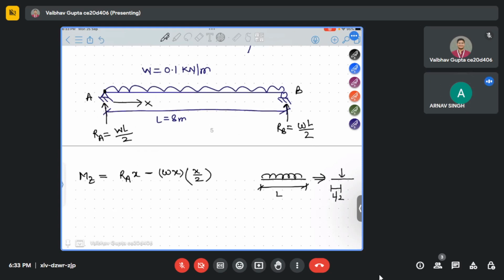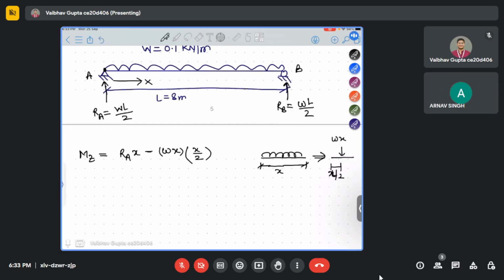So we are applying this UDL over x, so it is equivalent to a point load at x by 2. This point load is nothing but W into x, and the lever arm is x by 2. Got it? So that's why the moment expression comes out this way.